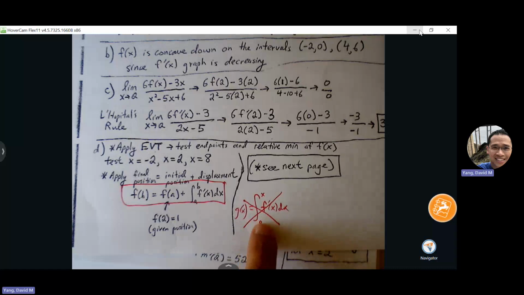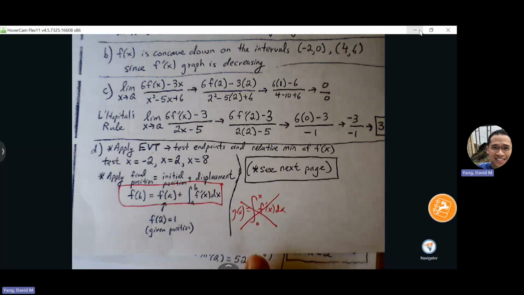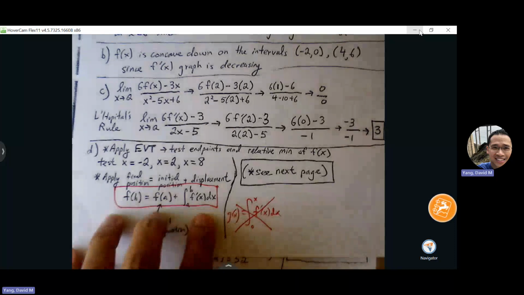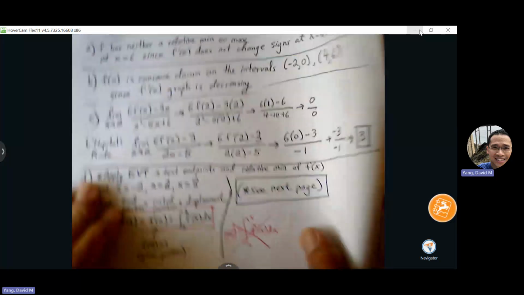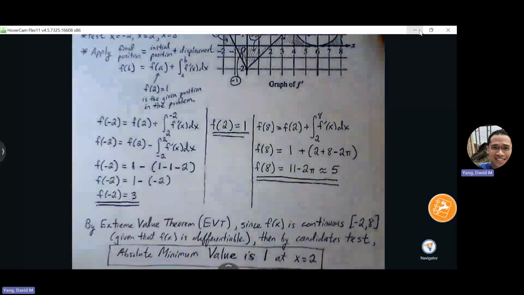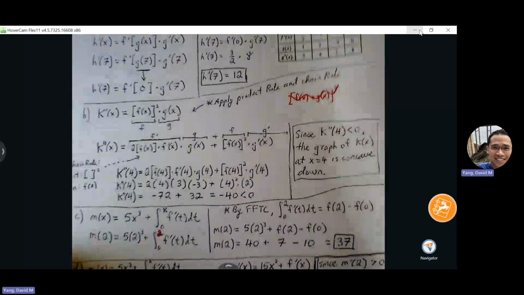But if they don't give you a formula and you're given the f prime graph and they're asking about specific locations on the f of x graph, you're going to have to go through this final equals initial plus displacement formula to move your way through finding your points. And then the rest of it is just finding all the endpoints using EVT, extreme value theorem.